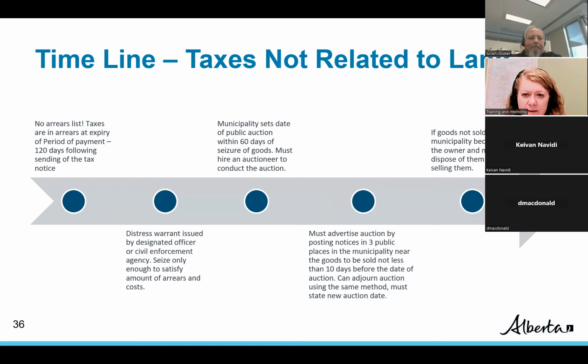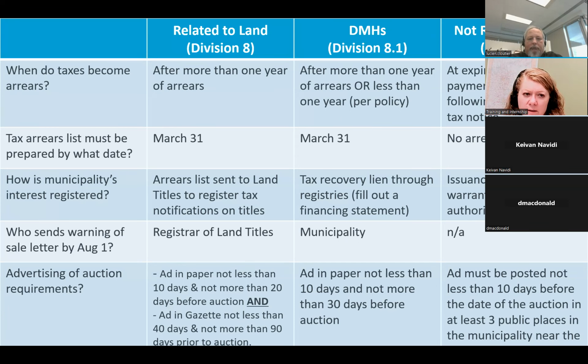All right, and then I have a final timeline summary for this Division 9 area. And I had mentioned at the beginning, I had a blank chart in your activity package or your handout package that you could summarize the differences between the three methods.